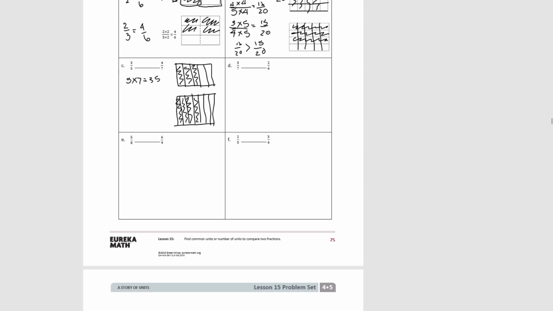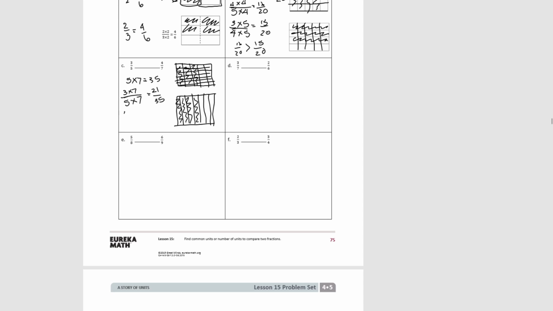So our new units are 35ths. So if we start out with 3/5, we want to end up with 35ths. So we're going to need to multiply by 7. So on our area model, we're going to need to draw 7 equal size rows. And that would be 21 35ths, 3 times 7.